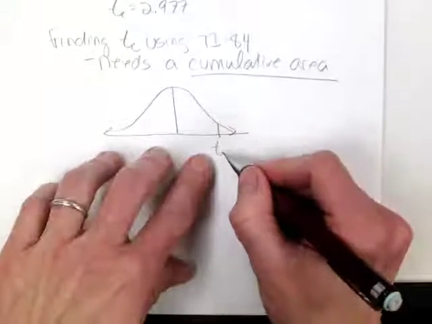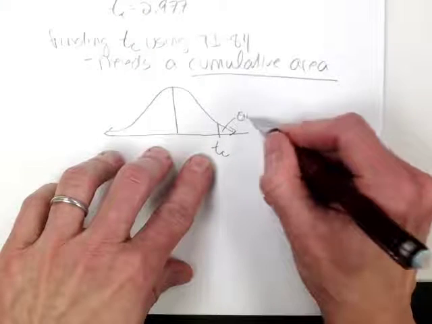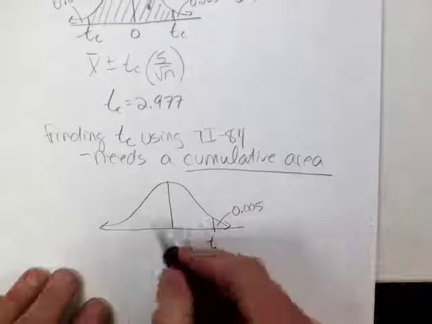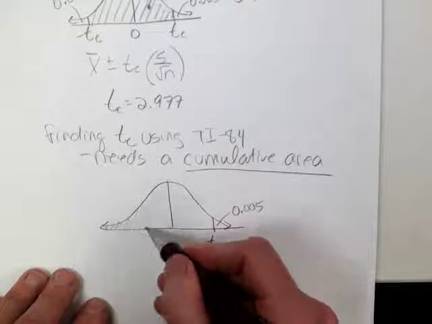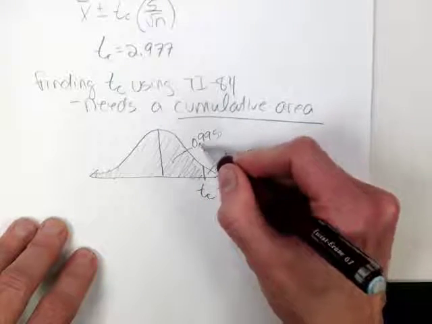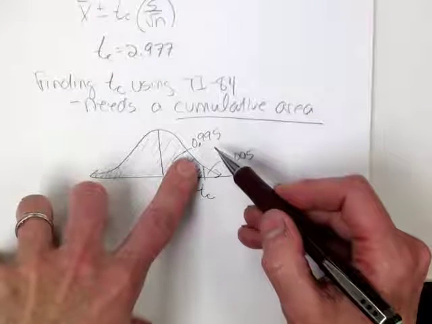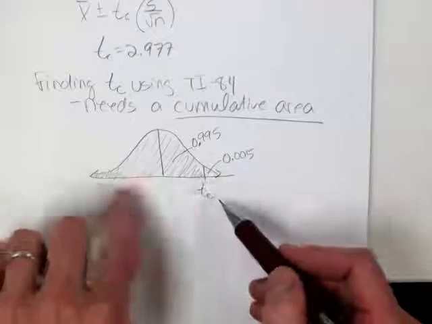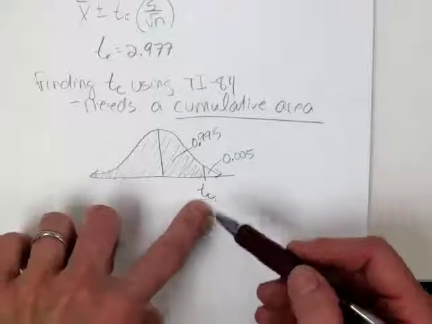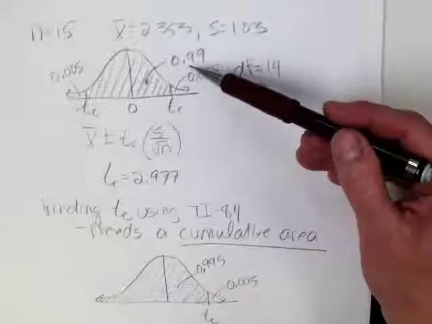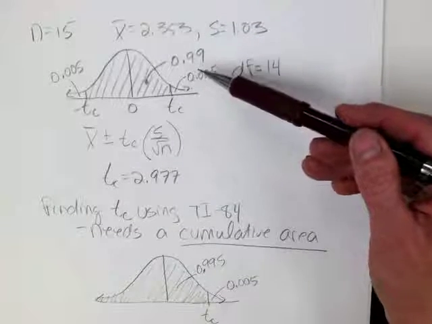So we have this upper critical value, t sub c, and we have 0.005 area in that upper tail. I'm just re-sketching this part up here. So cumulatively, from negative infinity up to my point in question, I have 0.995. This does not mean I'm finding a 99.5% confidence interval. It just means that this is the cumulative area from negative infinity up to this positive critical value, and that's the area I need to input into the calculator. If you inputted 0.99, it's not going to give you the right critical value.